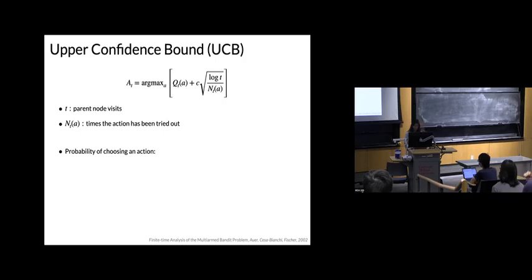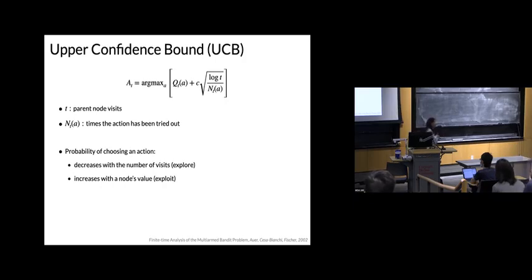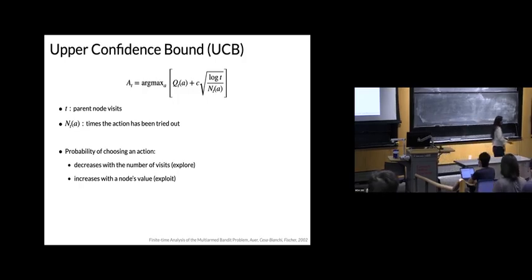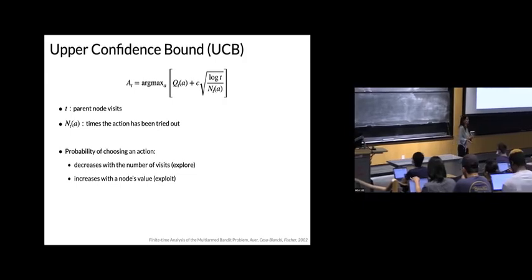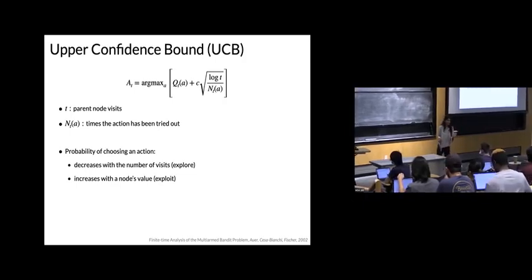And so now the probability of choosing an action decreases with the number of visits, of course, and it increases with the node's value, Q_T(A). Okay? So I want to be sampling actions that both have high estimate, capital Q, and have low N_T(A), I haven't tried them a lot. Correct? That's all it says.